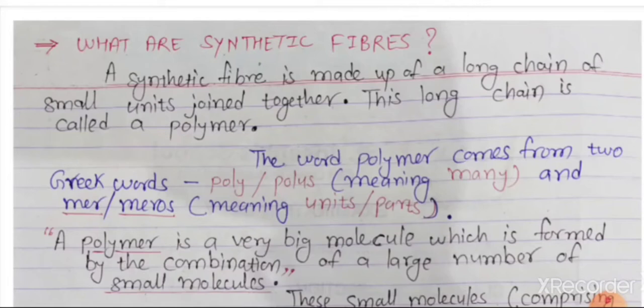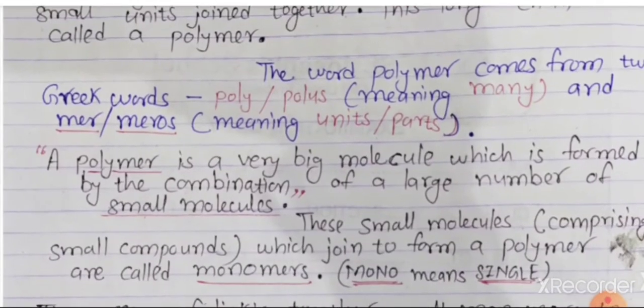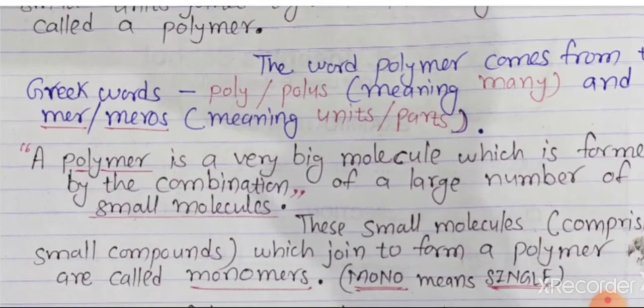Poly means many. The word polymer comes from two Greek words, poly or polus meaning many, and mers or meros meaning units or parts. A polymer is a very big molecule which is formed by the combination of a large number of small molecules.